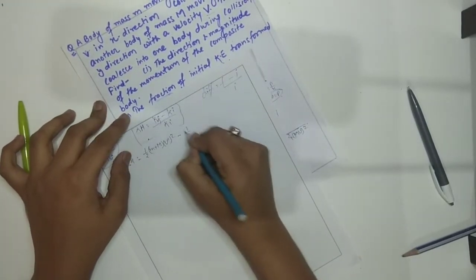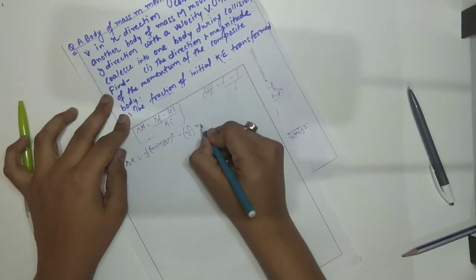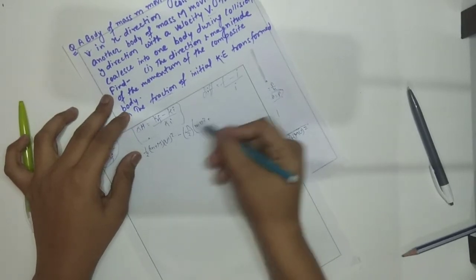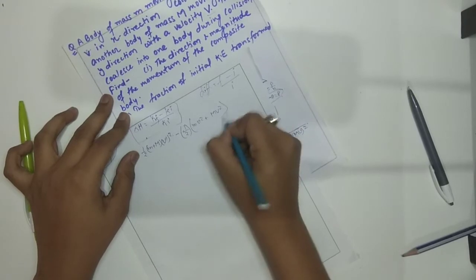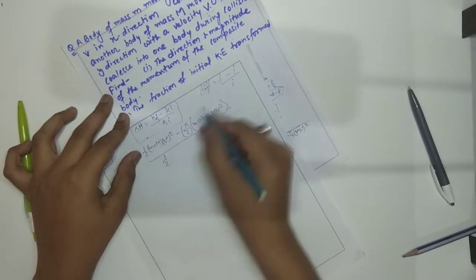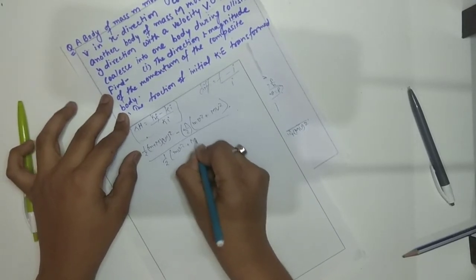Therefore it would be half m small v square plus M capital V square, as the initial kinetic energy.